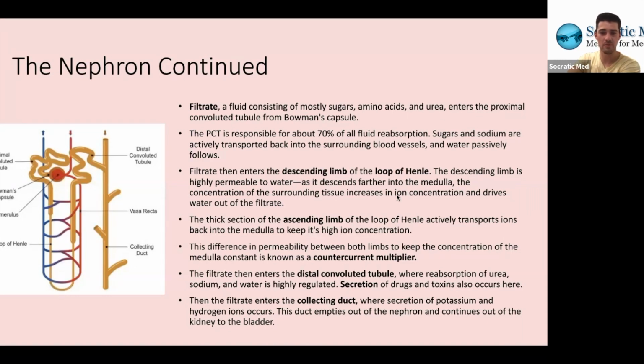So it's countercurrent multiplier, I'm sorry, just because water flows out into the medulla, which would lower the solute concentration, but when you loop around and start going back to the ascending limb, it actually filters the ions back out into the medulla, so it restores the concentration.